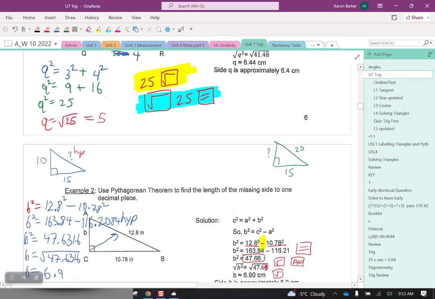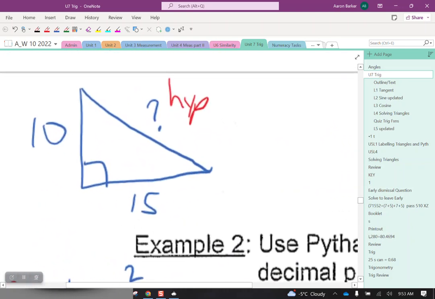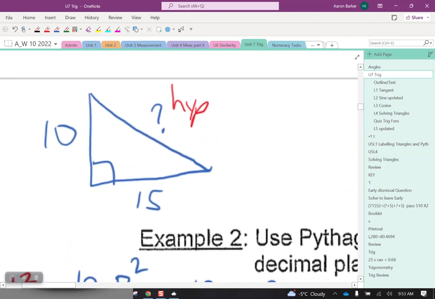Draw this triangle. Okay, 10, 15, and we want to know this unknown side right there.